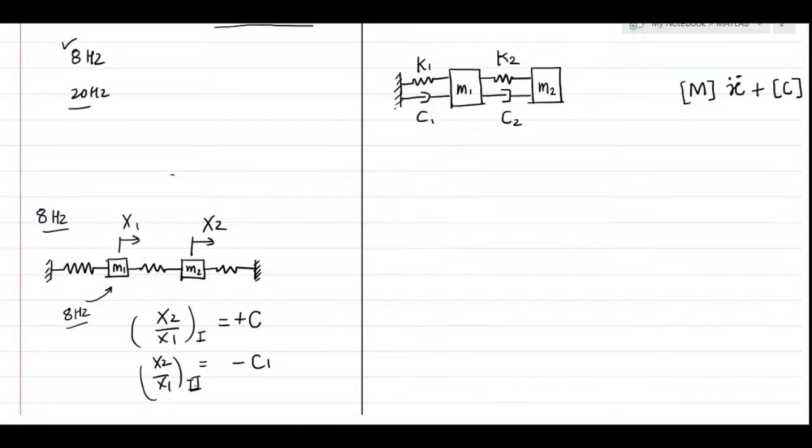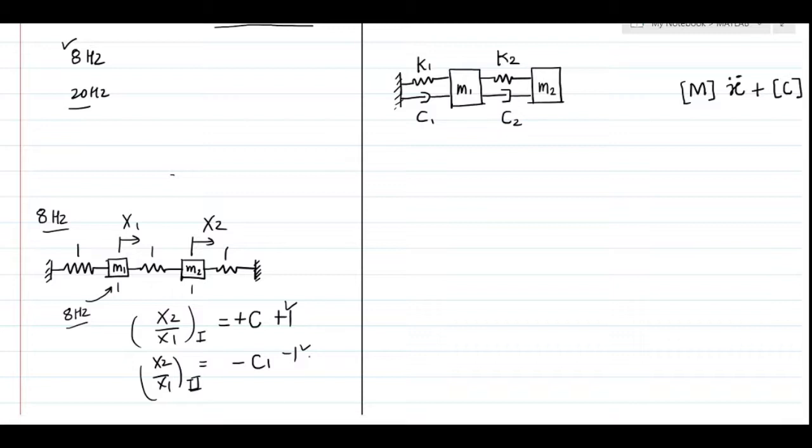If you are having a very simple system, for example, all the stiffnesses are 1, 1, 1, all the masses are 1, 1, 1, then in that case this value maybe you may find +1 and -1. So the +1 will indicate both the masses are moving with equal magnitude in the same direction. The -1 value will indicate both the masses are moving with the same amplitude but in the opposite direction.